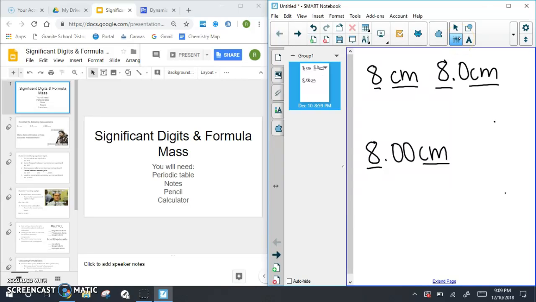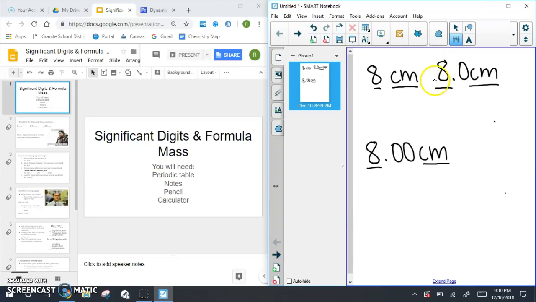In this example, this one only has one number, meaning that whatever instrument or measuring stick we used to measure these 8 centimeters wasn't very accurate. So we weren't able to be really detailed or specific on how long this measurement was.